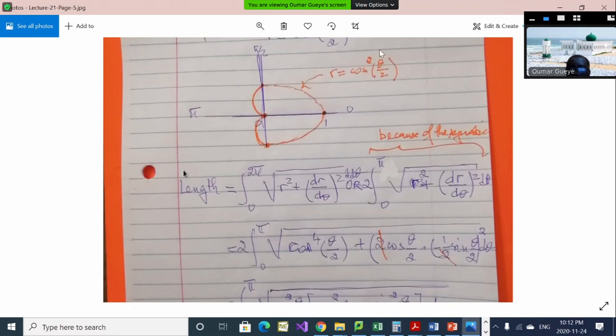Twice you did it becomes 2 cosine 2 theta to the power 1 times the derivative of cosine theta over 2. But cosine theta over 2, when you differentiate it, is going to be minus 1 over 2 sine theta over 2. And you take the square of all this.